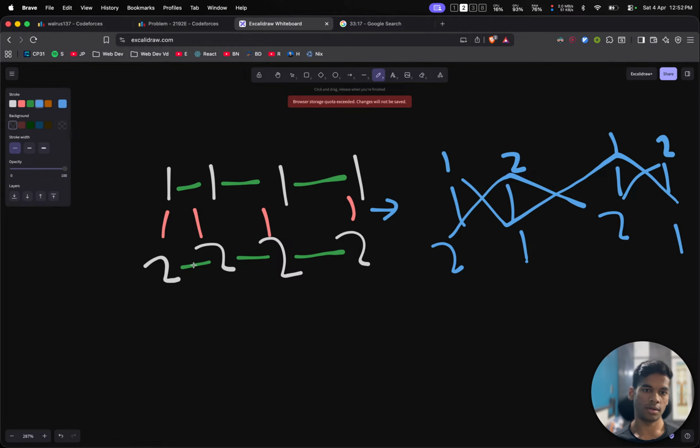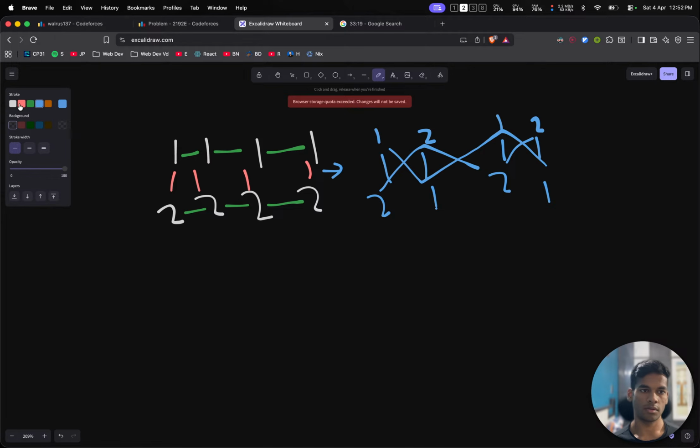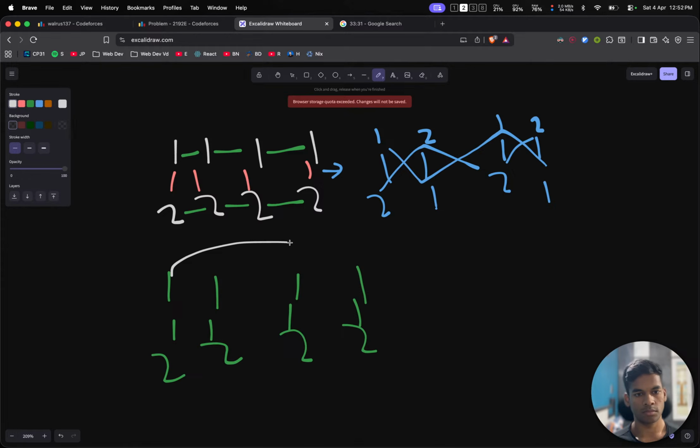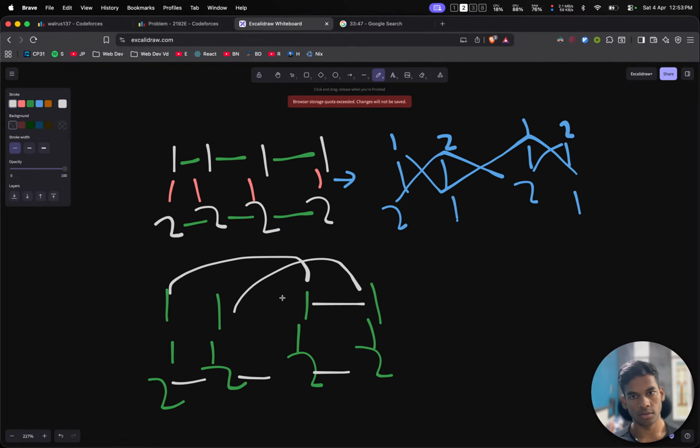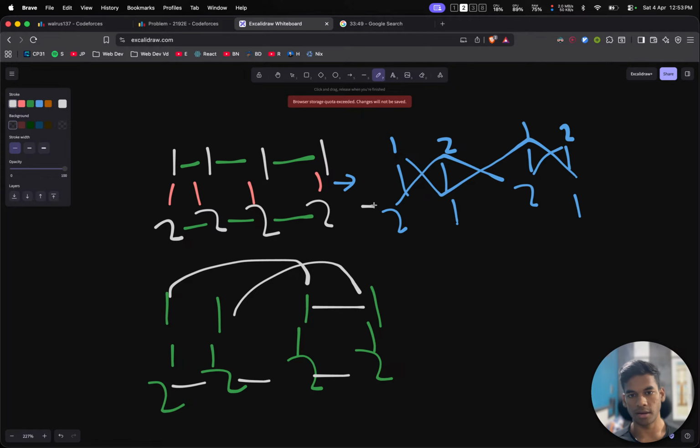But if we were to make the connections like this, then also we would be able to convert this into a bipartite graph. But the final bipartite graph, wait, maybe we won't be able to convert this one. The final bipartite graph is going to be different.